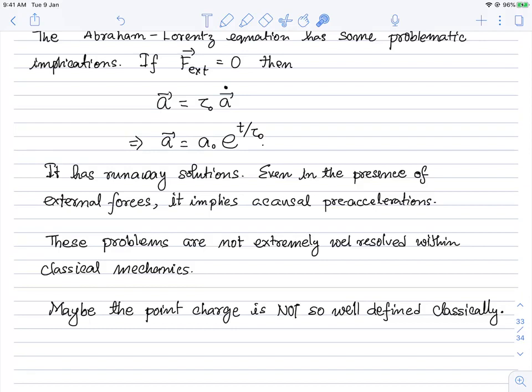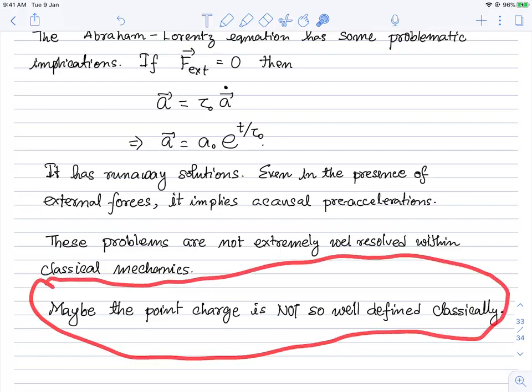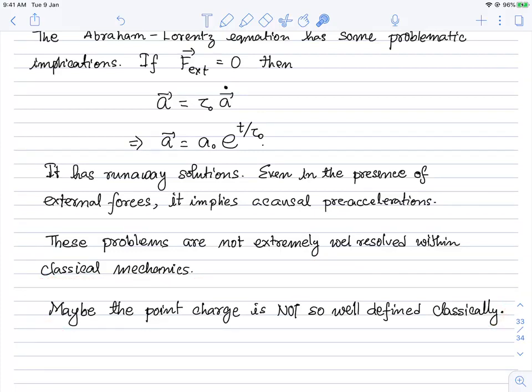That's not a problem. But this point charge that we were talking about initially when we started off the discussion may not be a very good, classically well-defined quantity to consider in classical electromagnetism. Maybe it's already an indication that we have to go beyond classical electrodynamics and start doing quantum considerations of this system.